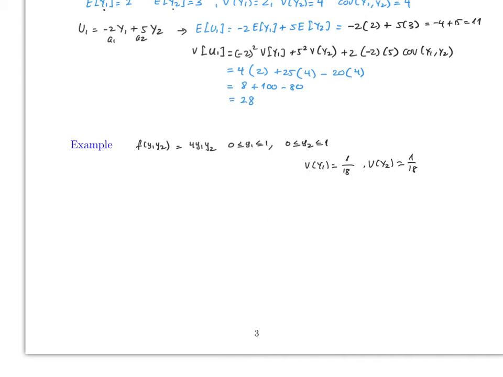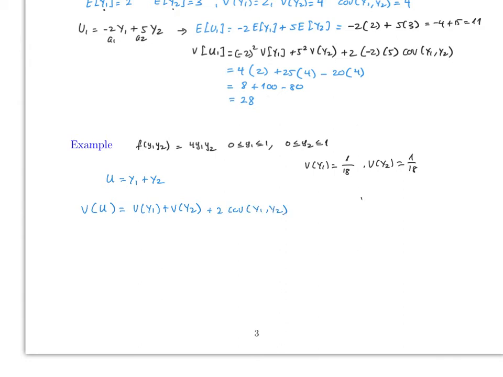So let's say that we have U equal to y1 plus y2, and we want to find the variance of U. Therefore the variance of U is equal to the variance of y1 plus the variance of y2 plus twice the covariance between y1 and y2.